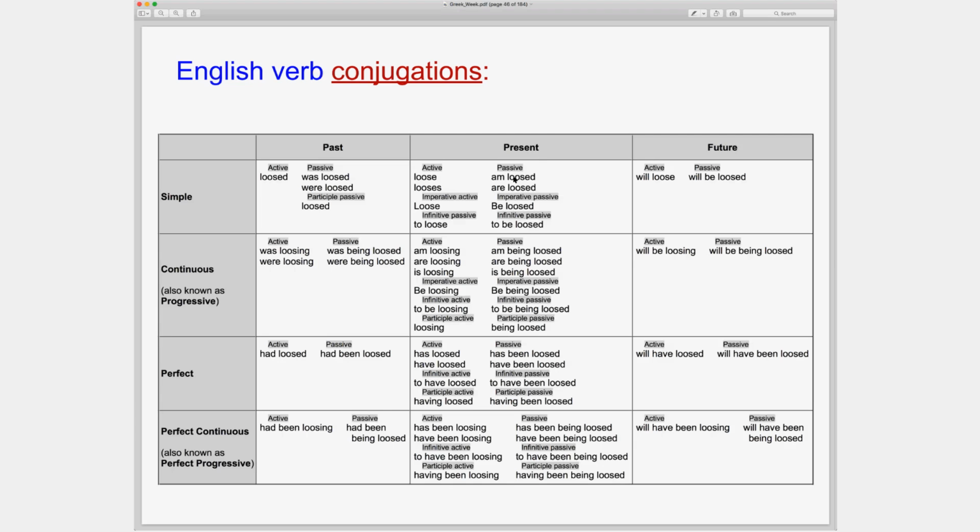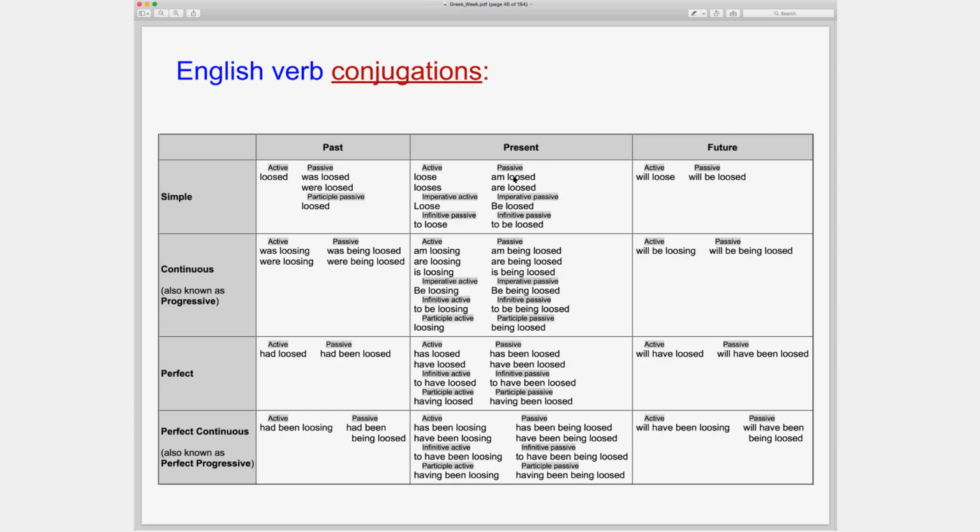Okay, so then if we move to present time, the same things apply, as well as future. So if I go to the opposite corner here, future, perfect, continuous. Will have been loosing.